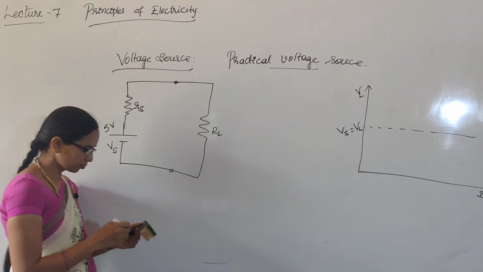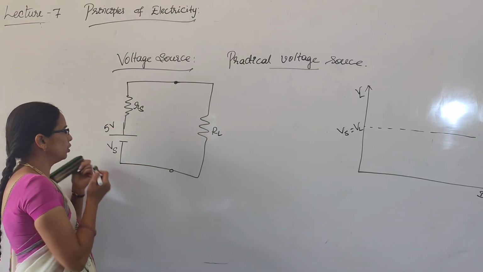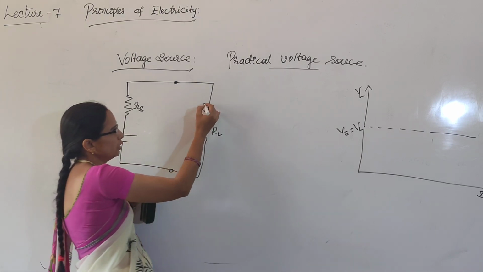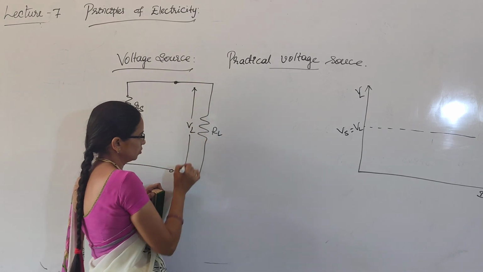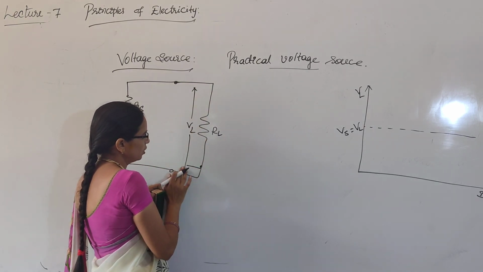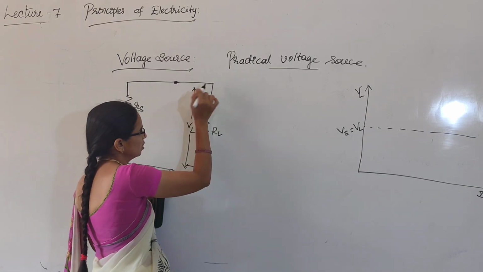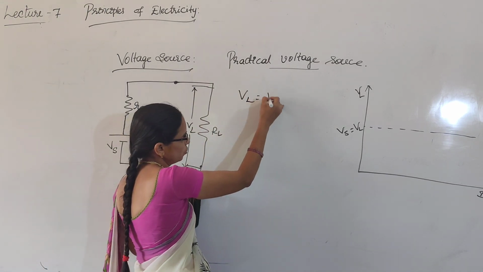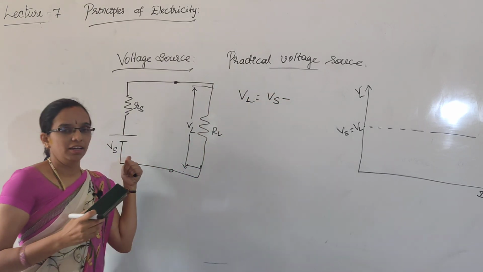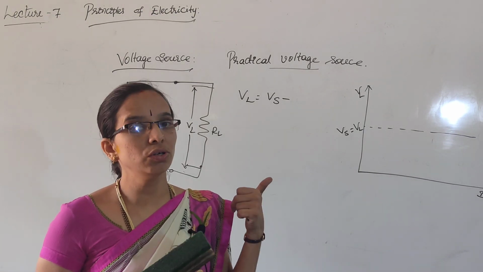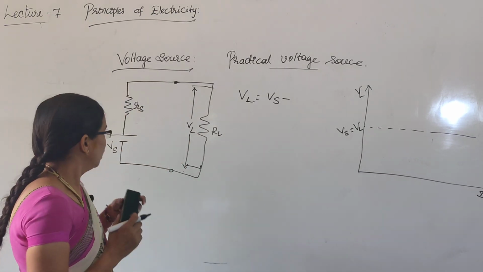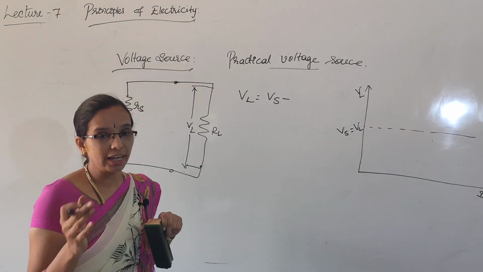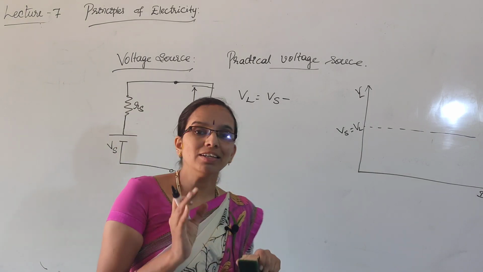What happens? The formula for this circuit: what is the voltage across this load resistance? In the ideal voltage source VL is equal to Vs, right? But in a practical voltage source, practically all voltage sources exhibit some amount of internal resistance.